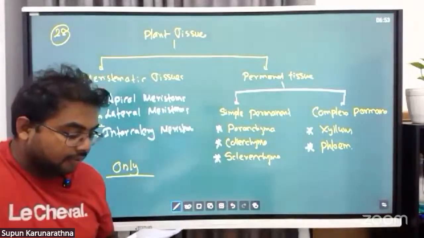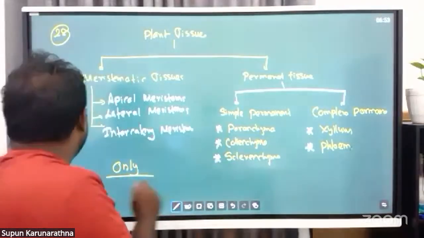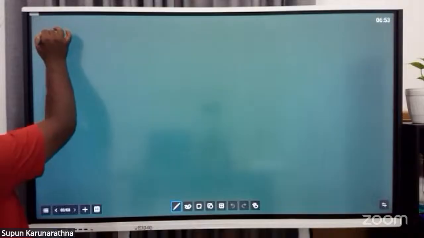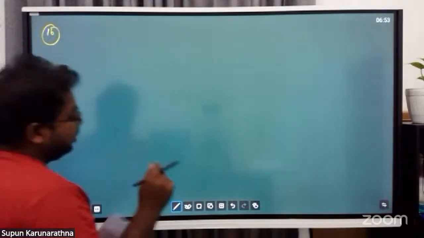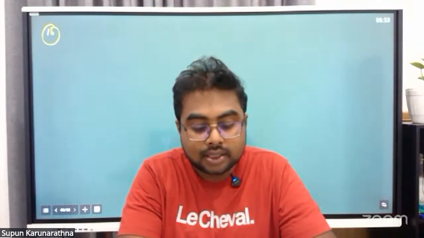So let's start from 16. Question number 16. I'm going to discuss it. Given below are some answers listed as the factors needed for photosynthesis.